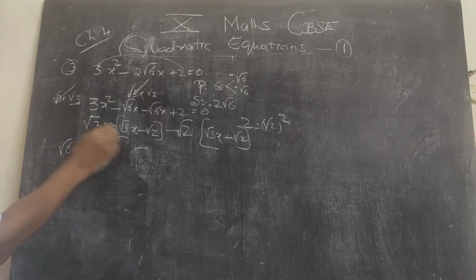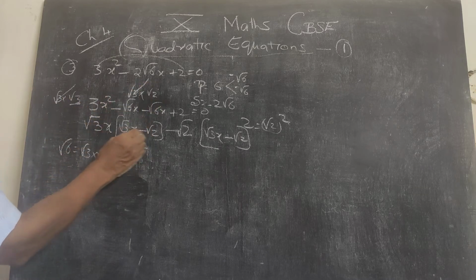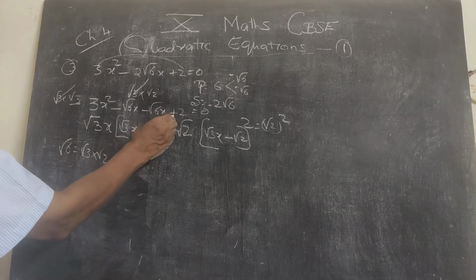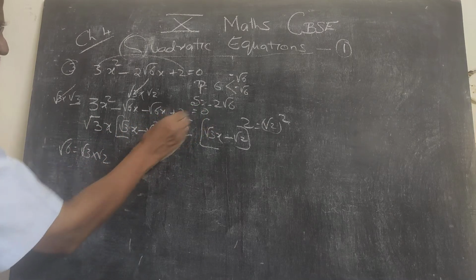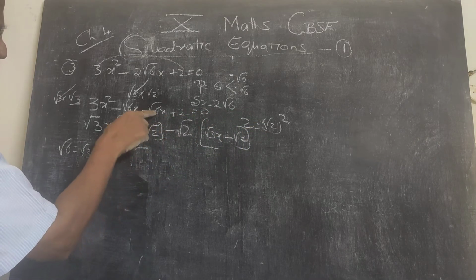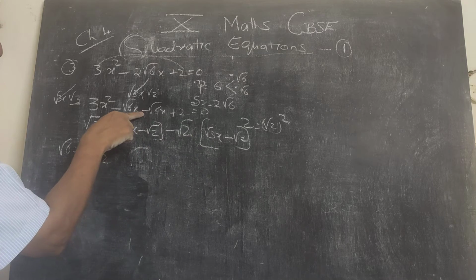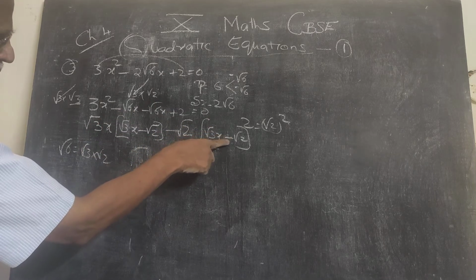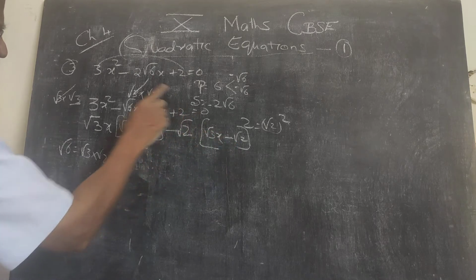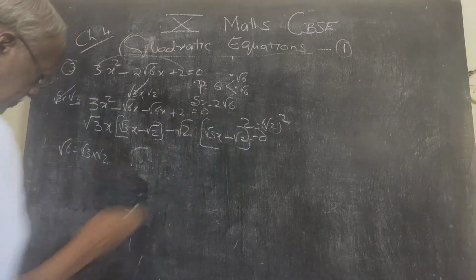The result is root 3x and here root 2. Similarly here 2 can be written as root 2 into root 2. So I am taking root 2 out. The result is root 3x, and since I have taken minus, I am putting minus here, because minus into minus is plus, root 2 into root 2 is 2, equal to 0.